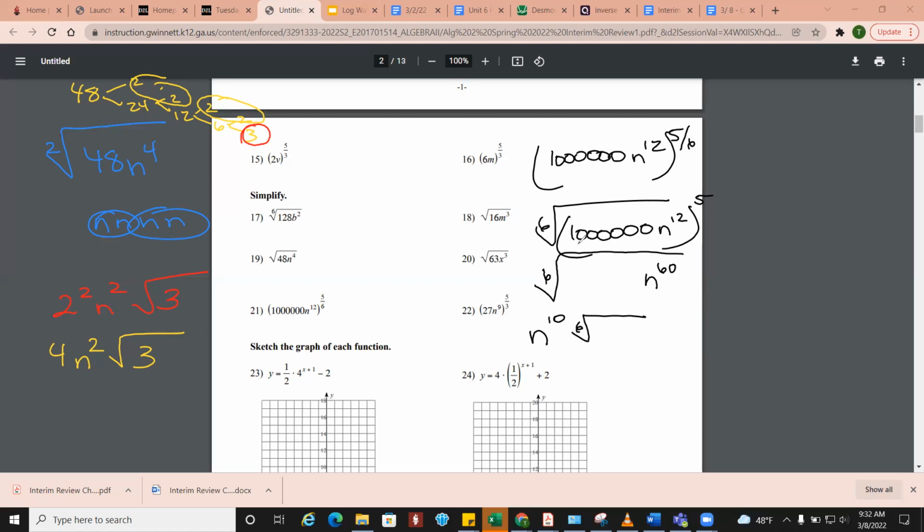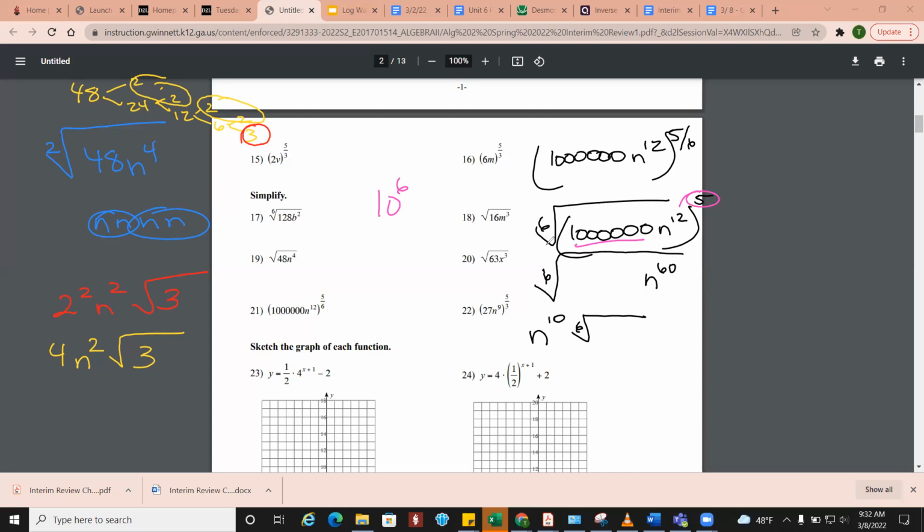Now, I have 1 million raised to the 5th power. That's a lot of zeros. Is there any way to have the exponent written in terms of base 10? If I raise 10 to what power would I get a million? 6, right?